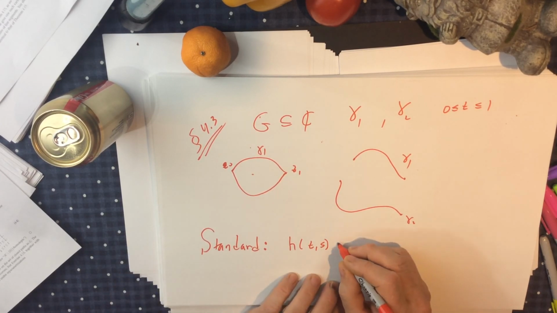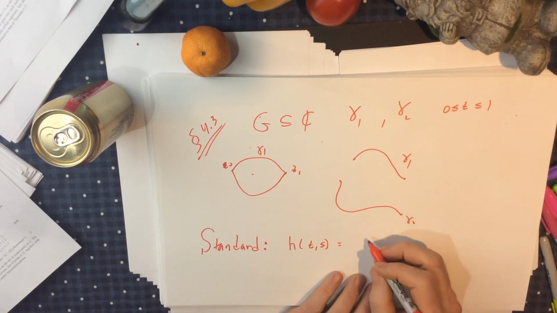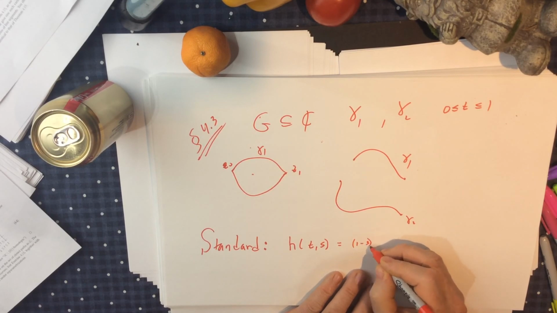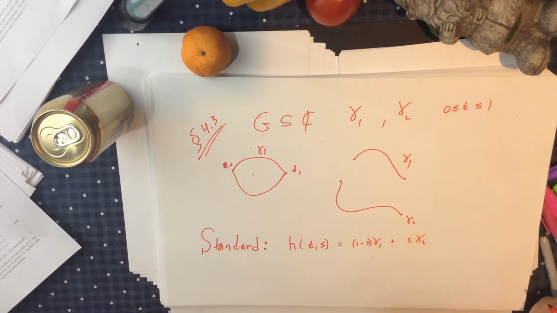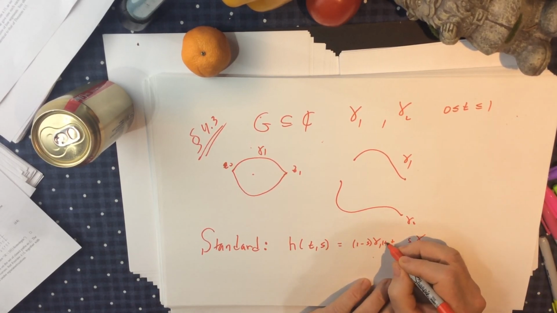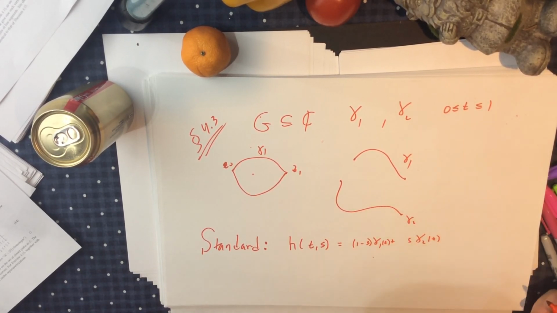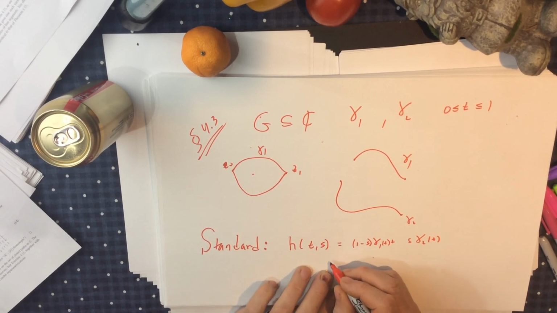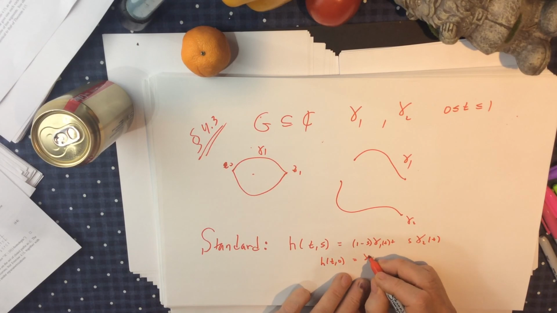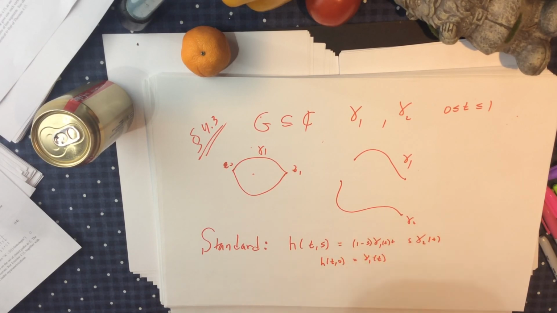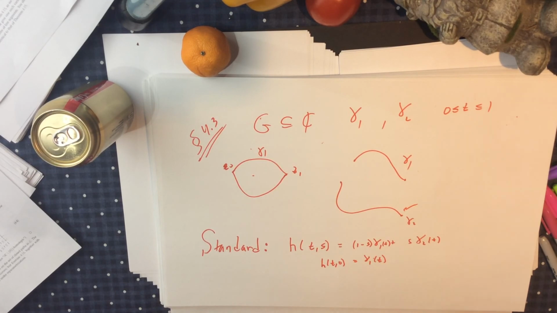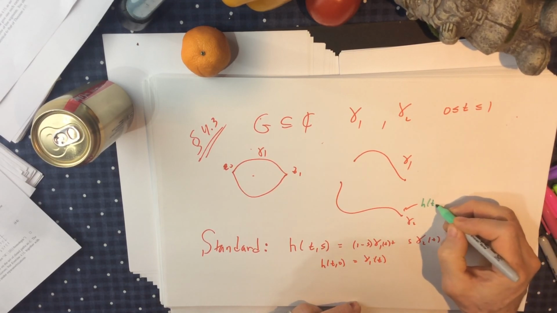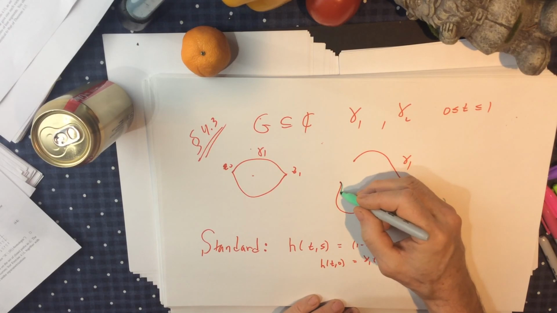It is going to be an average of these 2 things. I'm going to take (1 minus s) gamma 1 plus s of gamma 2. Now, these are the things that have the t in here. Now, notice that when you start at s equals 0, you just get the function gamma 1. So this path right here is actually h of t, 0.